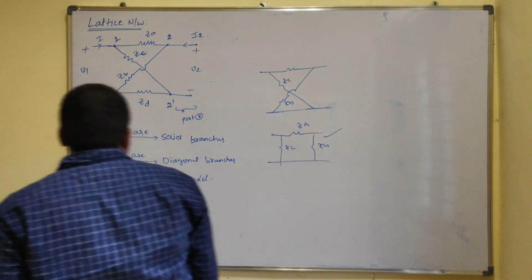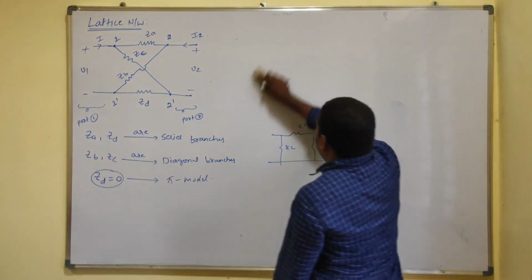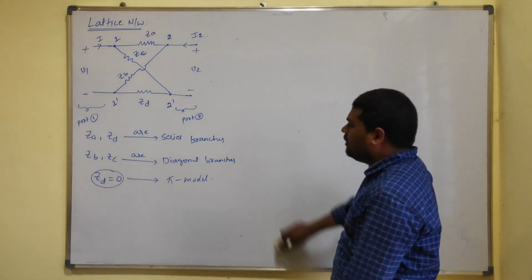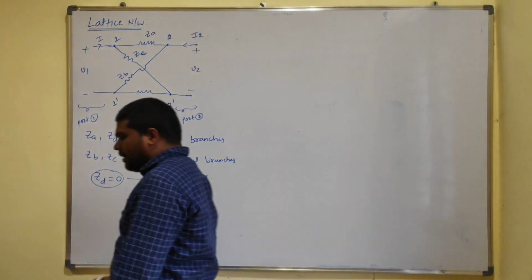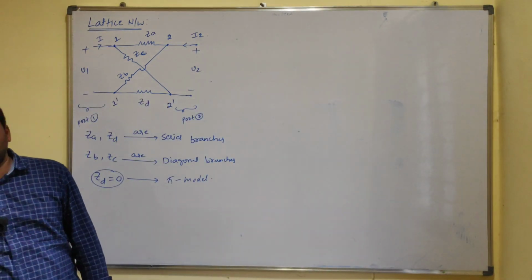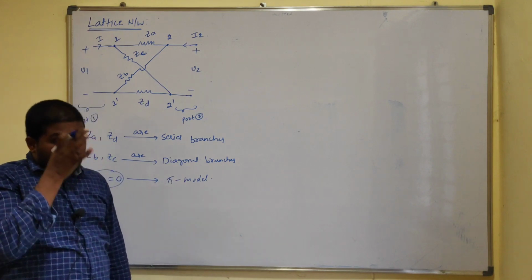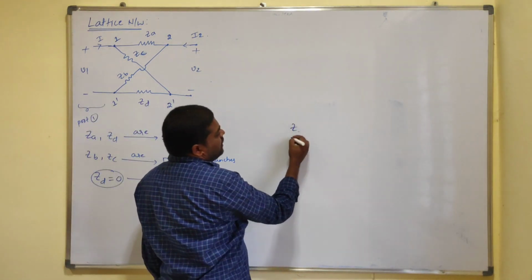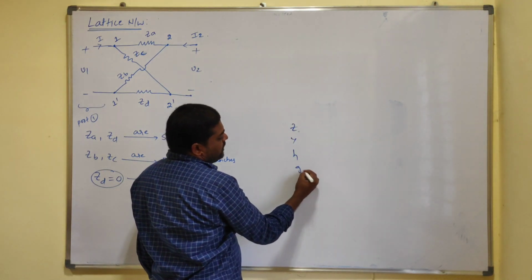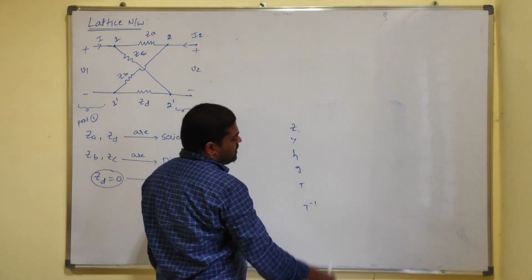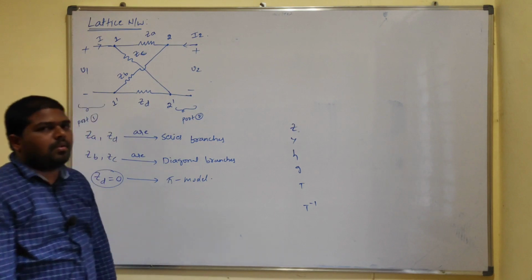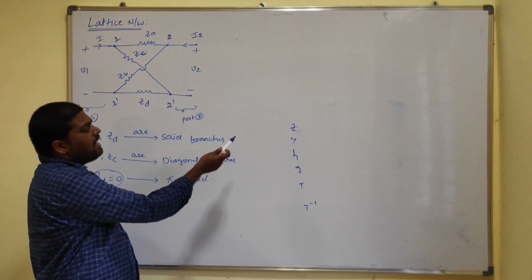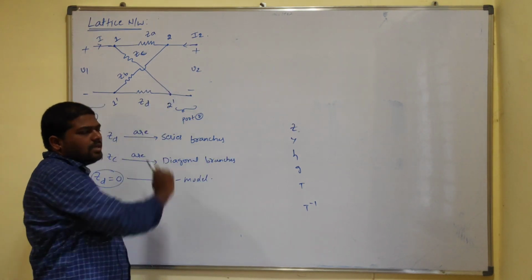Next, for this circuit I want to find the two-port parameters. We have a total of 6 types of parameters: Z, Y, H, G, transmission and inverse transmission. You can calculate any one of them for a given lattice structure.